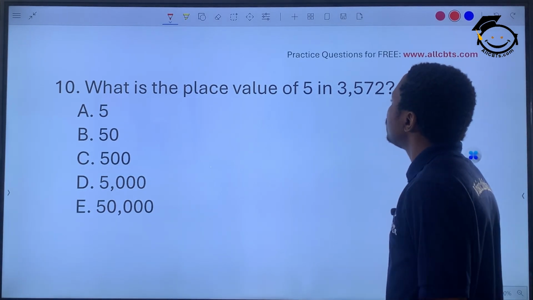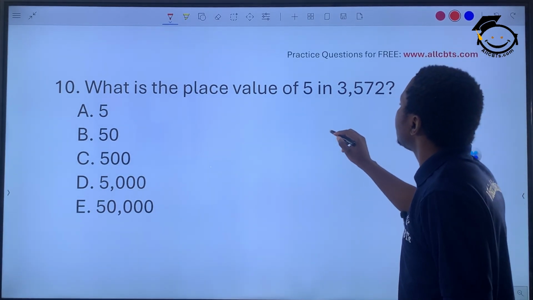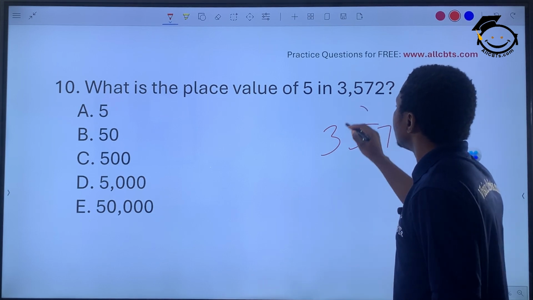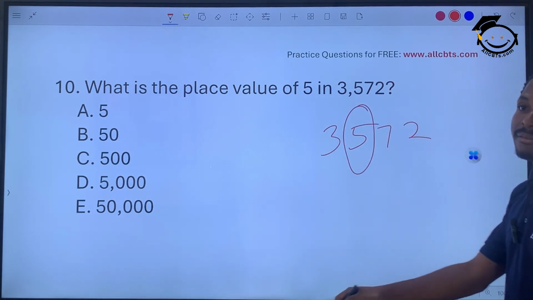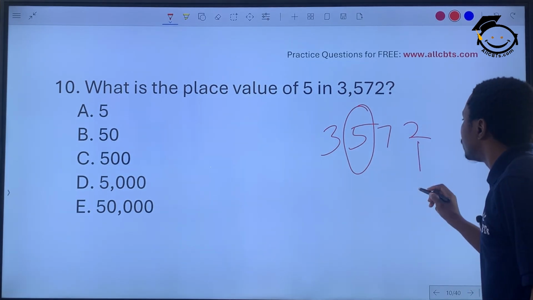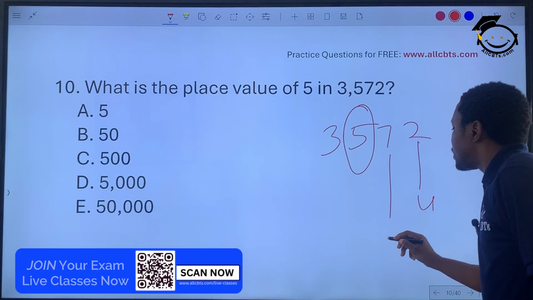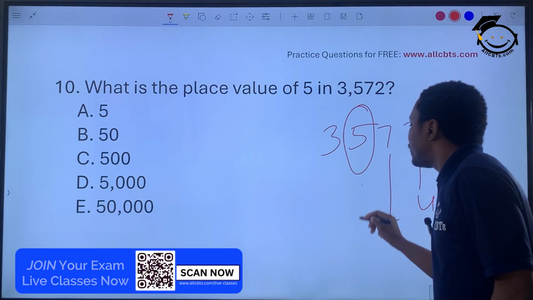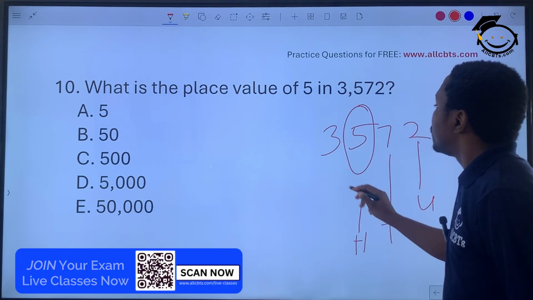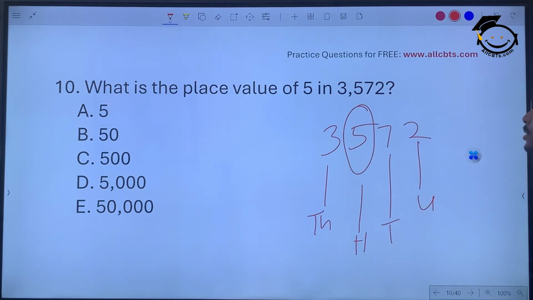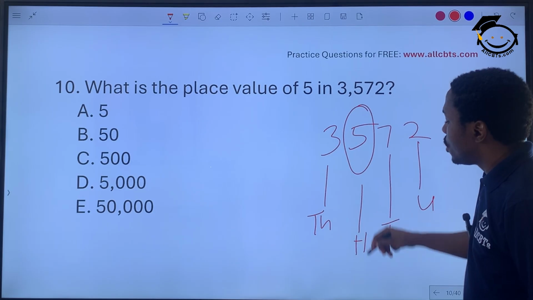What is the place value of 5 in 3,572? Now, what's the place value of 2? First of all, units. What about 7? Tens. What about 5? 100. What about 3? Thousands. Right. 3 is thousand. 5 is what? 100.